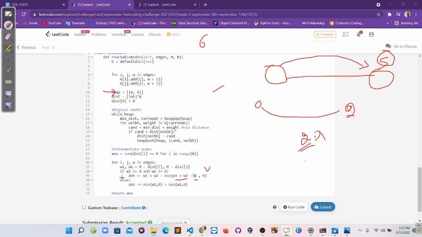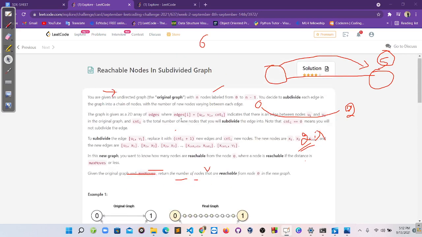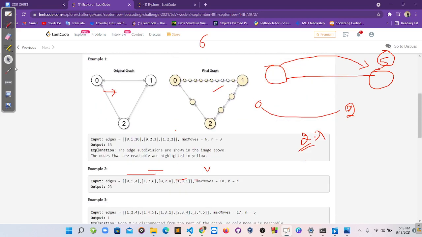In some case, if there are no remaining nodes, then W1 becomes negative, because let's suppose in that part we have 10, but we can only explore 6. So when we do 6 minus 10, we have minus 4.